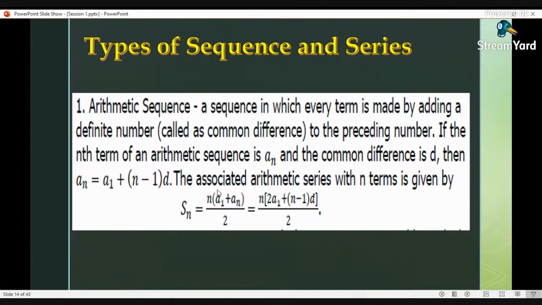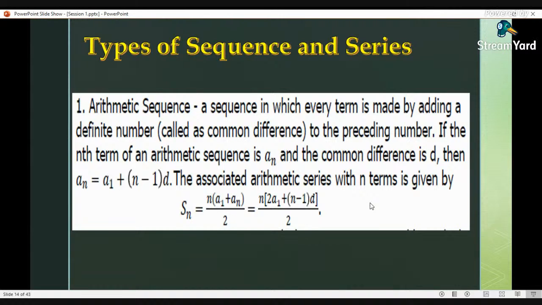And also, the associated arithmetic series or the sum of all the terms with n terms is given by S sub n equals n times a sub 1 plus a sub n over 2.